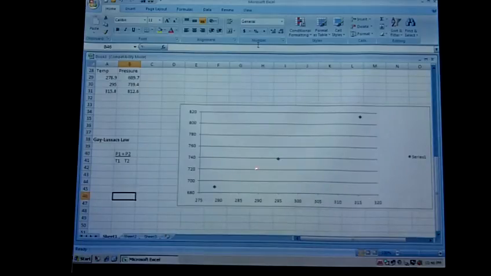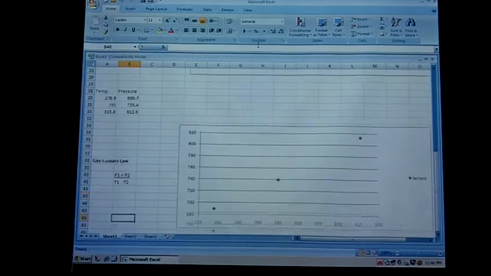If we increase the average kinetic energy, then we're increasing the force with which those particles are banging into each other and banging into the sides of the container, registering a higher pressure on the pressure sensor. So, in summary then, we've looked at 2 laws.